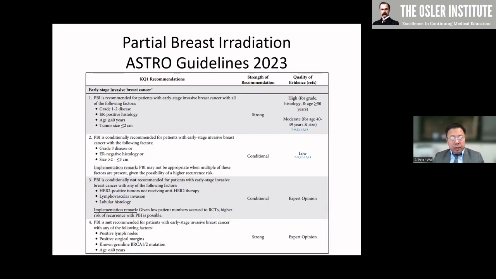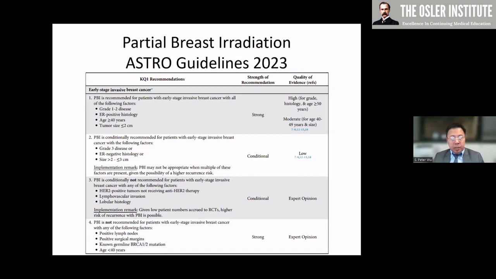Further, it's not recommended for patients with positive lymph nodes, although some of the trials had micrometastatic lymph nodes. I think this suggests regional spread, which is not an indication for a smaller treatment, but a larger treatment. Positive surgical margins, known germline BRCA1/2 mutations. This is very important.